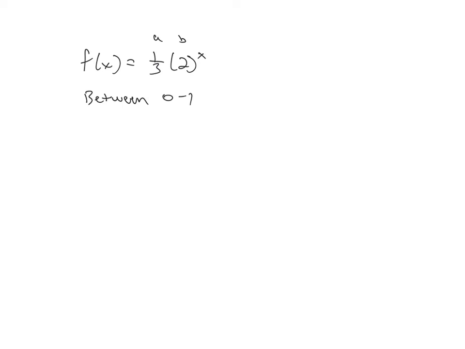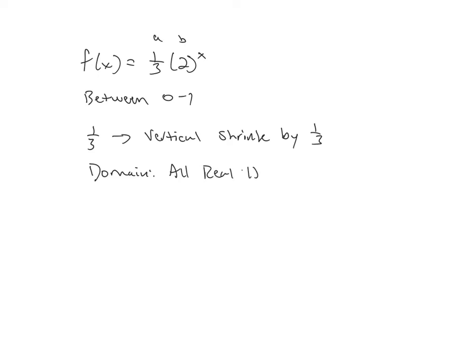So when it's between 1 and 0, we have what's called a vertical shrink by 1/3. So this graph, well, I'll come back to that. Domain, all real numbers, and the range, it's a positive 1/3, so greater than 0.